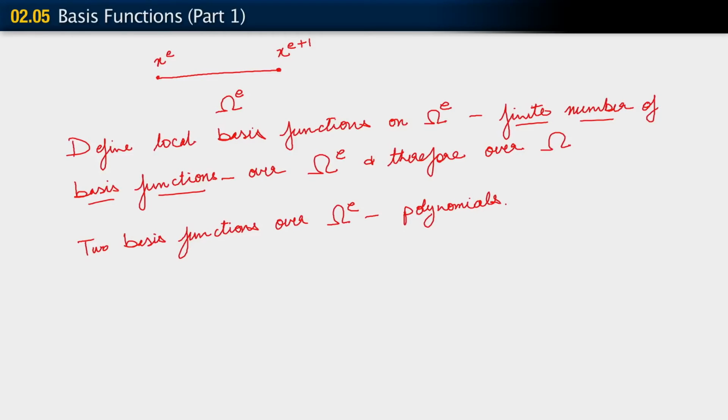Since we are in one dimension, if we have 2 basis functions and the basis is complete, it follows that we are talking of representing functions as what type of polynomials? Think about that. If you have a complete basis, but you're going to use just 2 basis functions in one dimension with polynomials, what kind of polynomials are we able to represent?